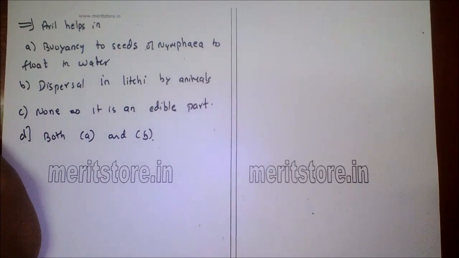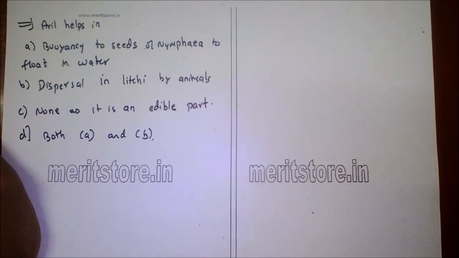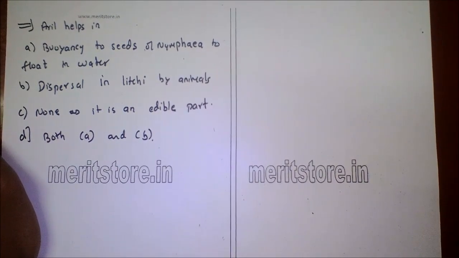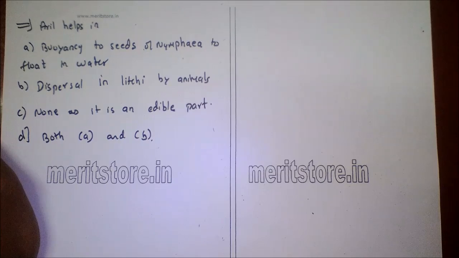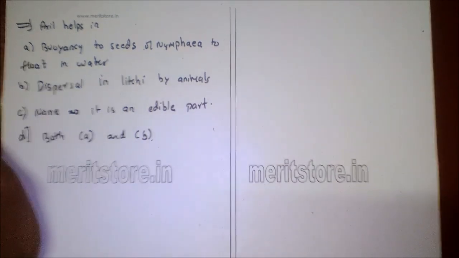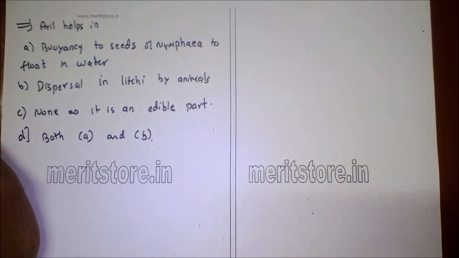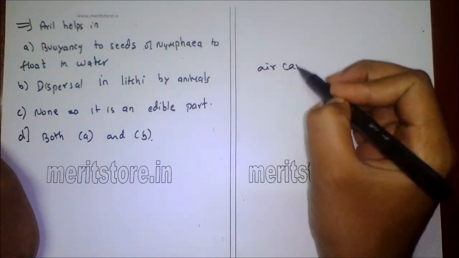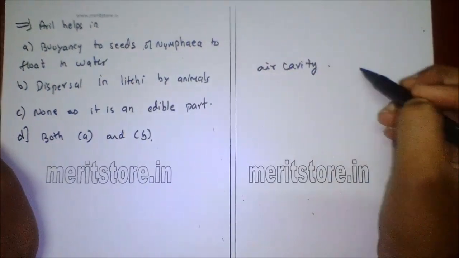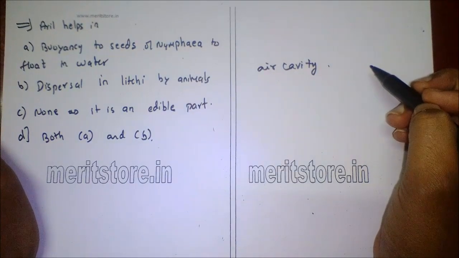Aril helps in: A. Buoyancy to seeds of Nymphaea to float in water, B. Dispersal in lychee by animals, C. None as it is an edible fruit, D. both A and B. Seeds and fruit possess air cavity to keep them afloat on water.